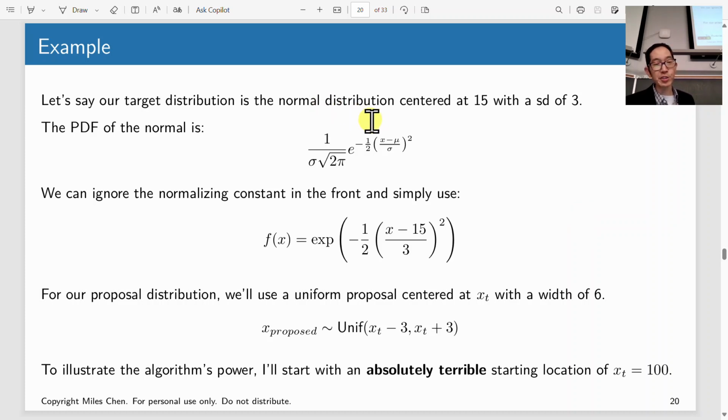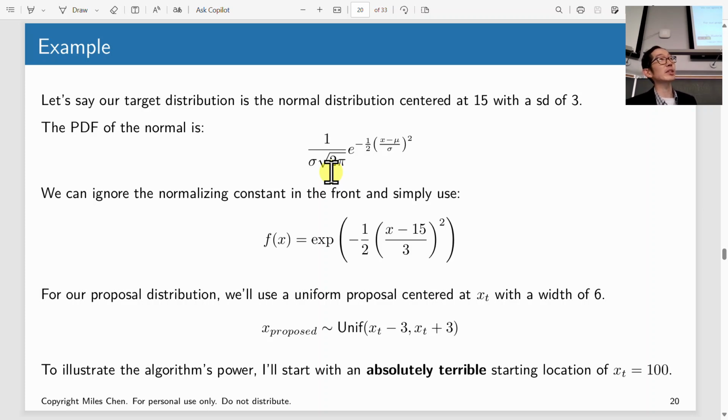So if our target distribution, let's say, is a normal distribution centered at 15 with a standard deviation of 3, the PDF of the normal distribution is this, okay? And in our computer, we could use dnorm, and that will give us the PDF, right? But just to illustrate that you don't actually need the actual PDF, I'm going to get rid of this front normalizing constant, the 1 over sigma root 2 pi, okay?